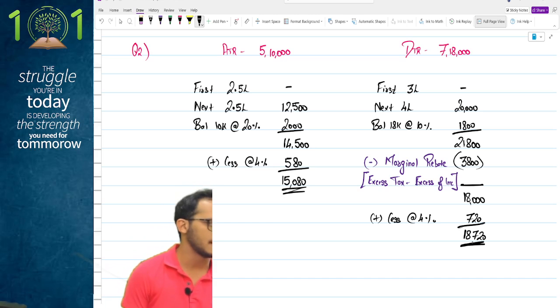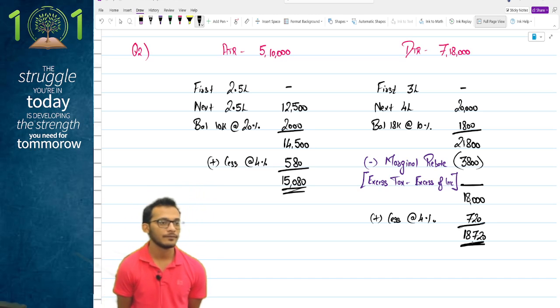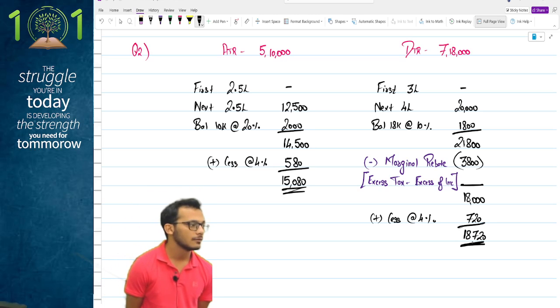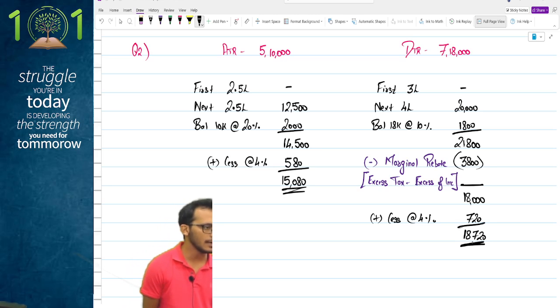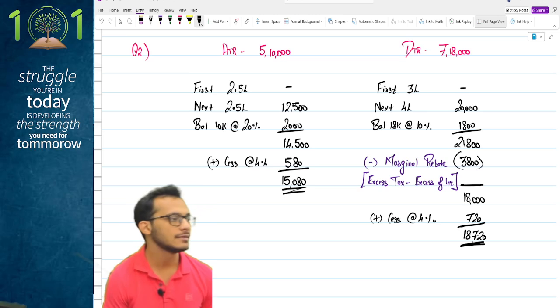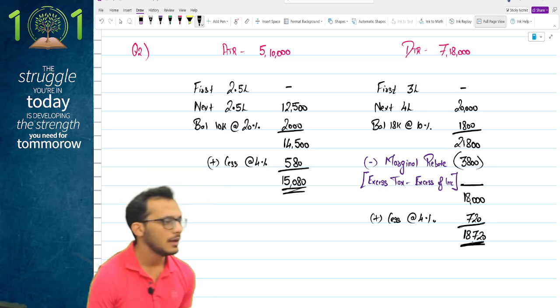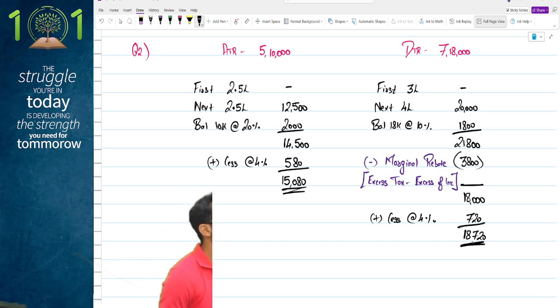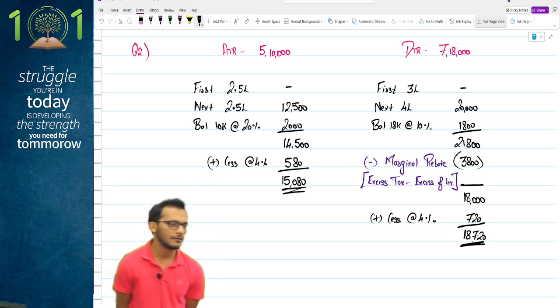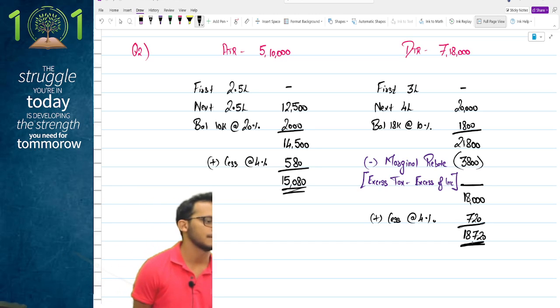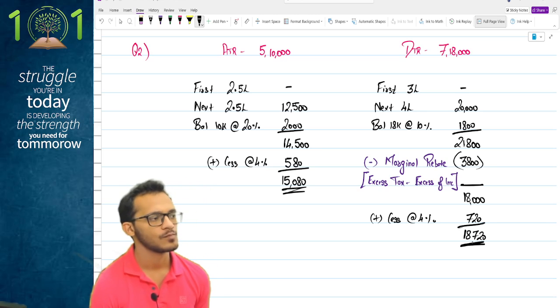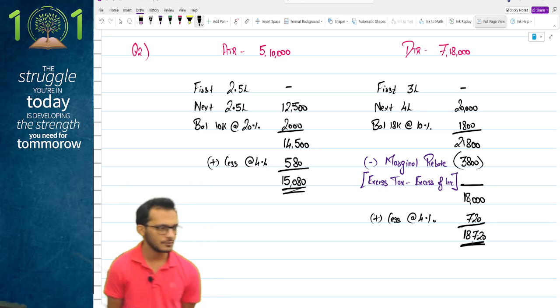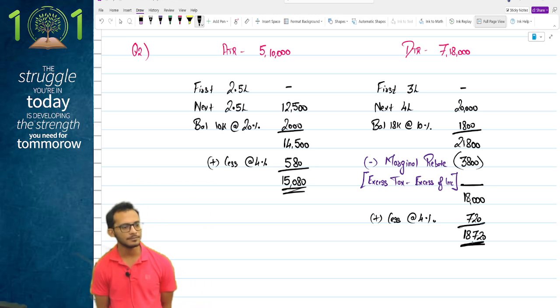Next, LTCG under section 112A after 23rd July, 4 lakh rupees. Full stop.